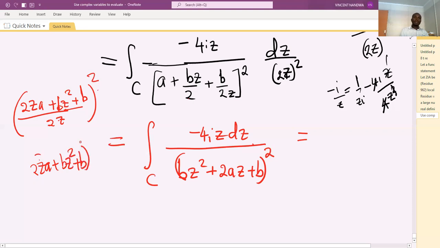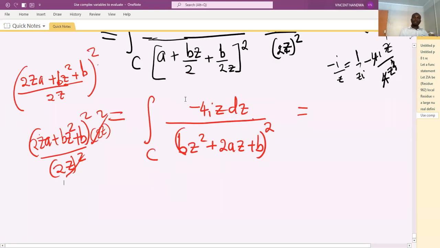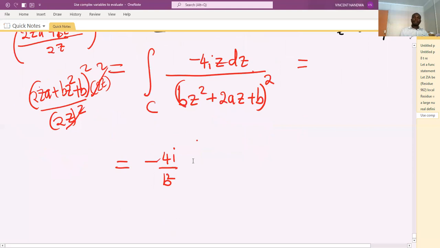You square this and then you write (2z) squared, and so when you multiply by this (2z) squared, what cancels out remains with this term here. So that simplifies to negative 4i over b squared, factor out b squared, because remember everyone, when I square this point, I'll have now b squared in this term and also b squared in this term.